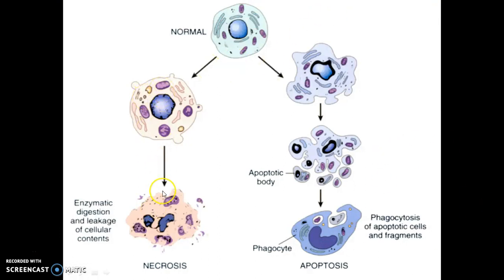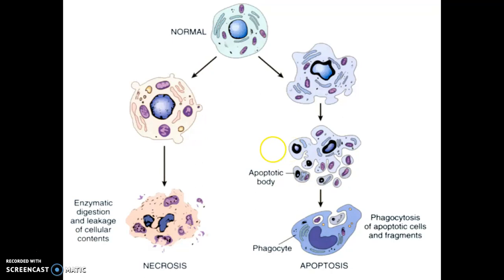This is the pathway showing cell death by necrosis, and this is the pathway showing cell death by apoptosis. Although these two processes are types of irreversible cell injury, the processes in necrosis and apoptosis are quite unique and quite different.